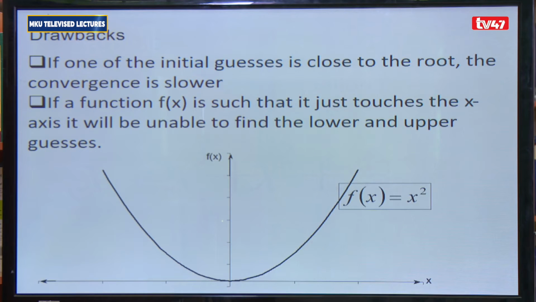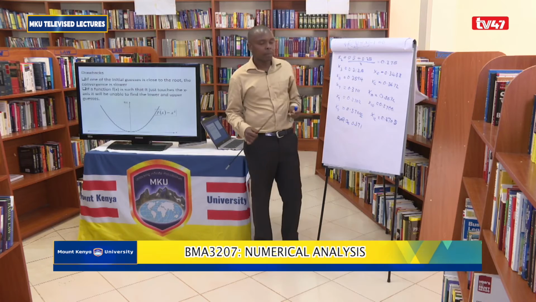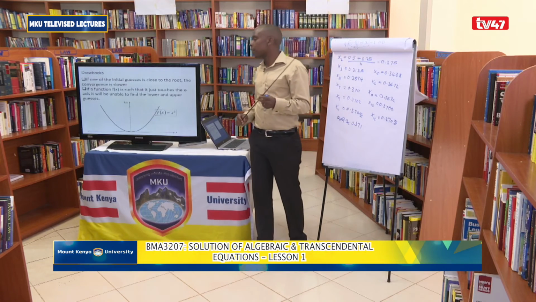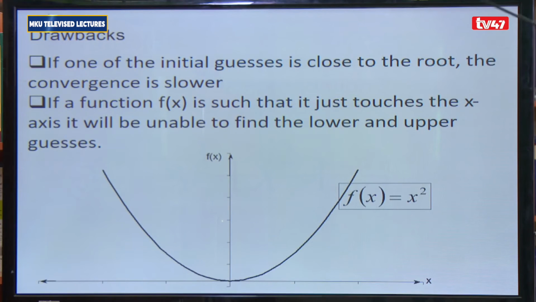So if we started with 0.38 and 0.2 something, all those values that are very close to the root, then we'll find that the convergence will be slow. So the change in the successive approximation will be very small.